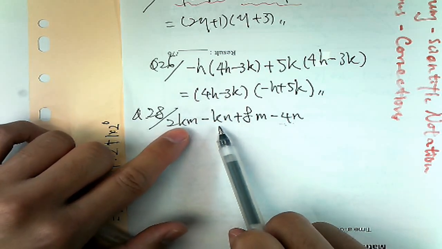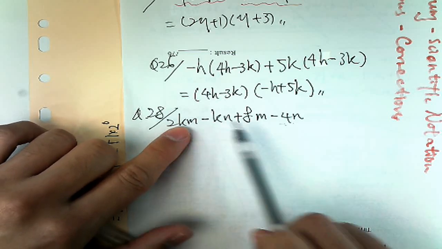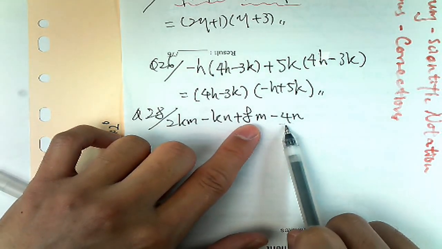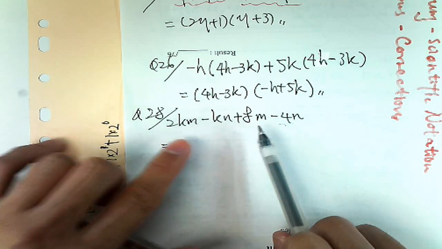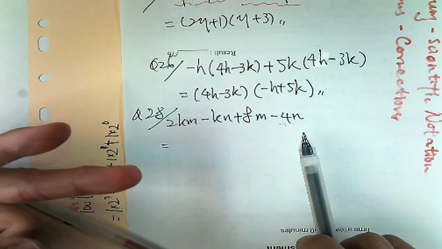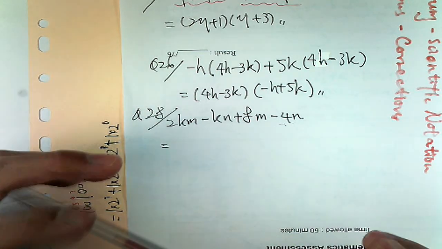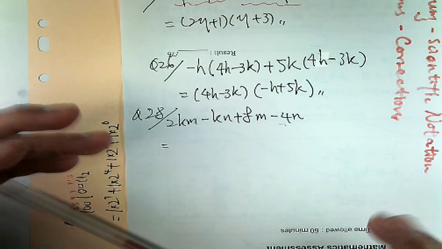Okay, so you pull out the k. What is remaining in the bracket is 2m - n, right? So imagine these two terms, you can pull out the 4, right? What is remaining is just 2m - n. So they are the same. You can create two big terms with the bracket in common, understand?